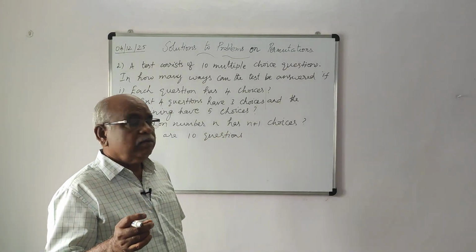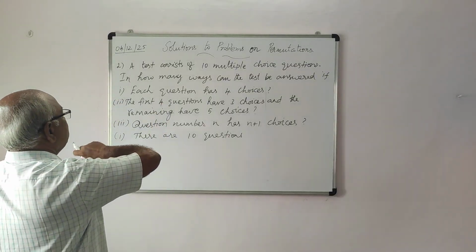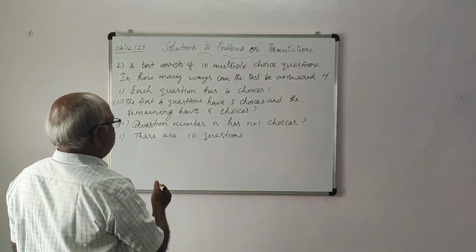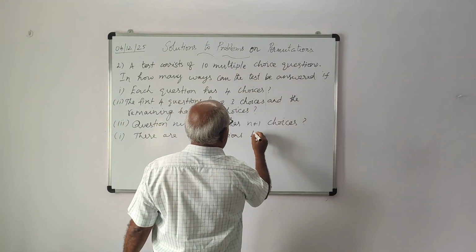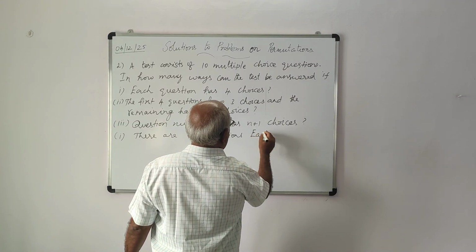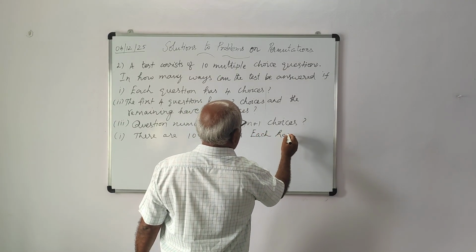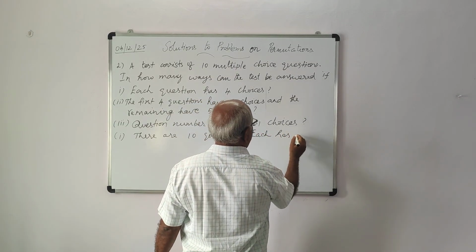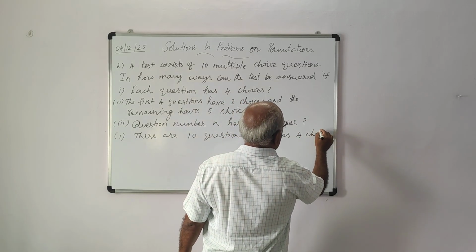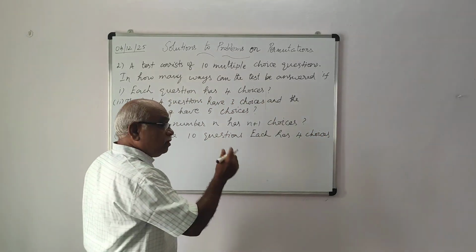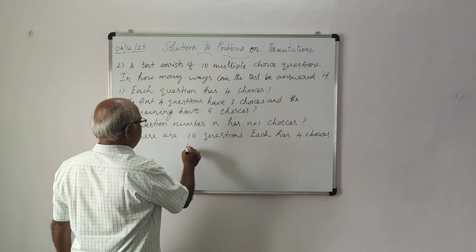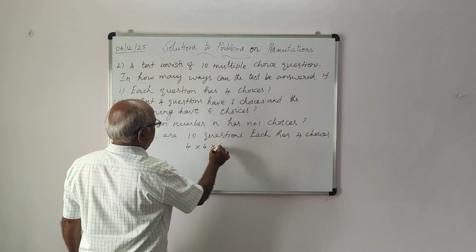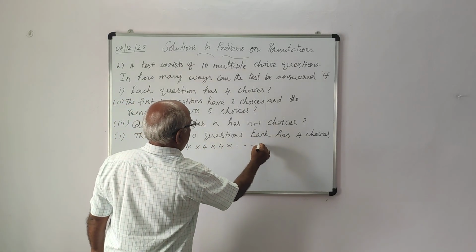Each question has 4 choices. So for 10 questions, the first question has 4 choices, the second question has 4 choices, the third question, and so on up to the 10th question.